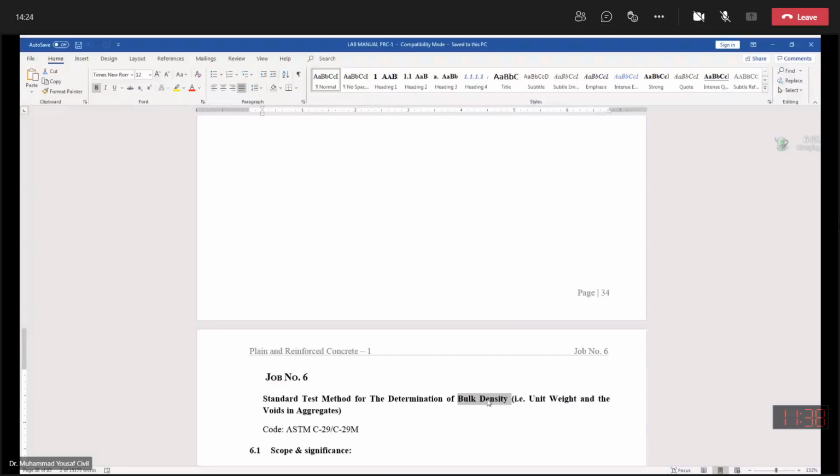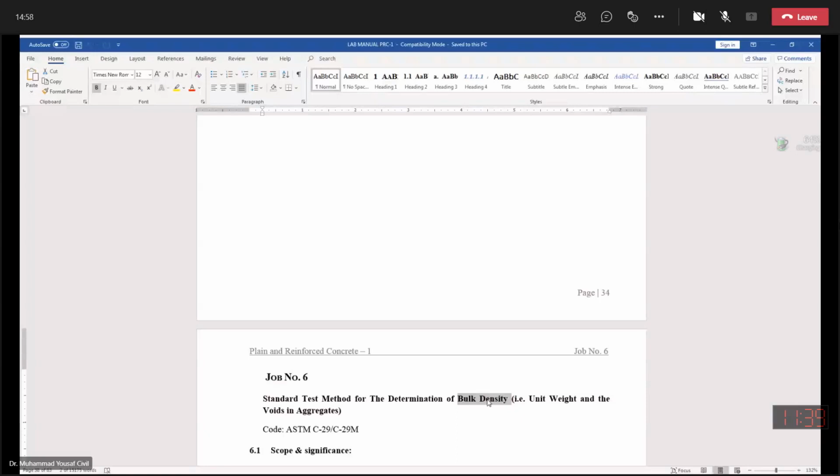Now, when you pour the aggregate in the container, there will be space between the aggregate particles. If we consider the volume occupied by the aggregate and the volume of the space between the aggregate particles collectively, as total volume, then it is known as bulk density.